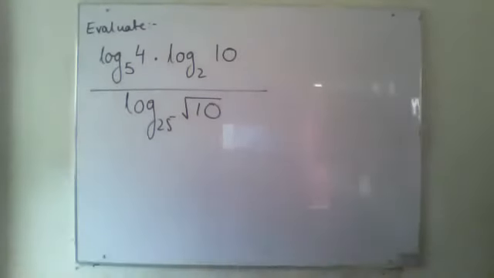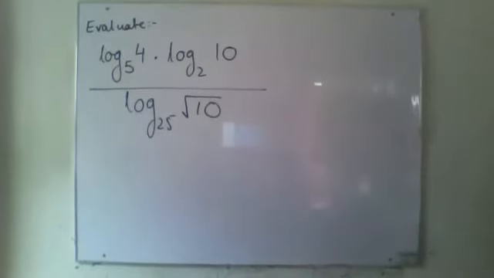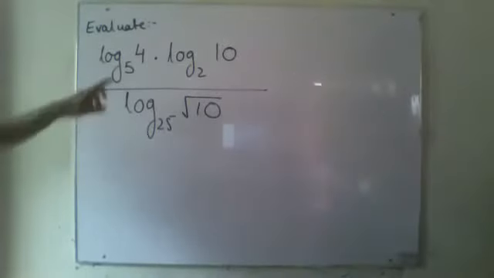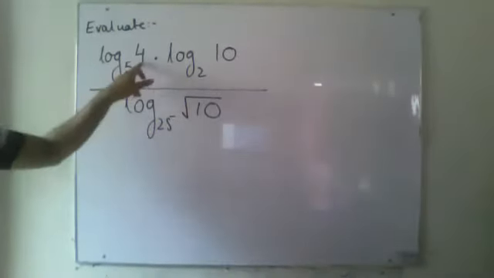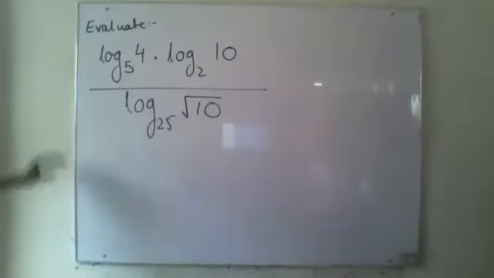That's my question. And again, they are telling us to evaluate. Evaluate means I'm not going to use a calculator to solve this. Different bases are there, different multiples are there, right?